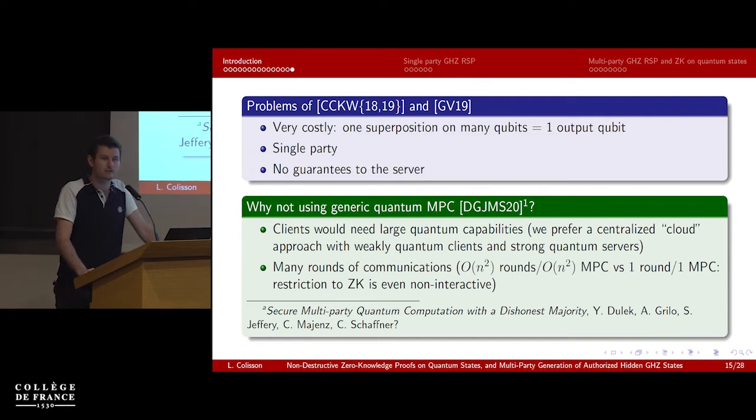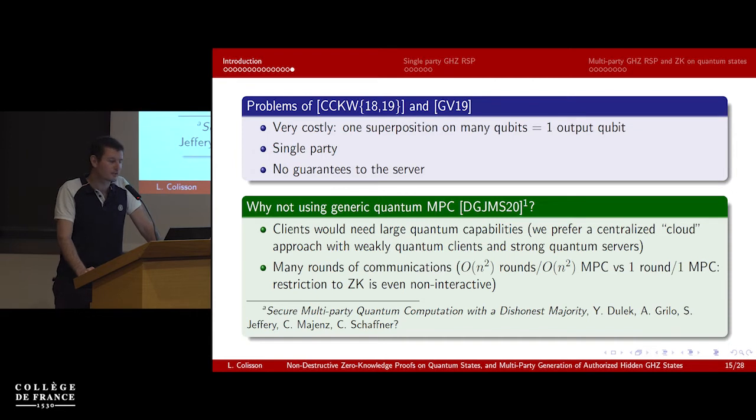So it is quite costly, because if you want to prepare n qubits, you need to run the protocol at least n times. Then it's also single party, so you just have a client and a server, and it does not apply when you have multiple clients. And it will not provide any guarantee to the server. So if the server is honest, then at the end of the protocol, the server will have no guarantees on the state that he will prepare.